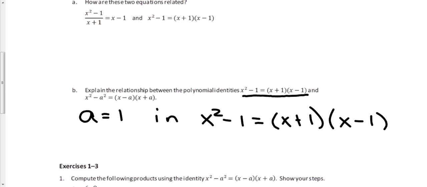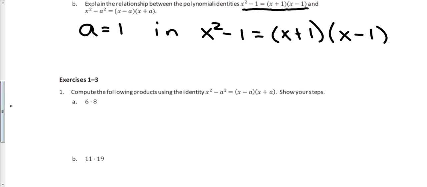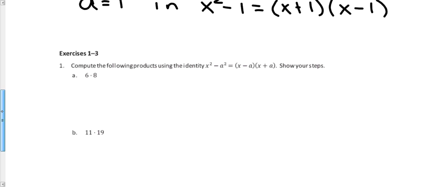5. I got something for you. Okay. And we just finished letter B. All right. Now, here's what I want to do.